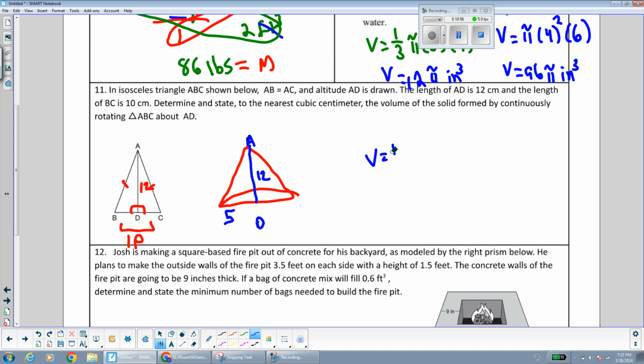So the volume of a cone is 1/3 pi r squared height. So the radius is 5. The height is 12. Let's put this into our calculator. And it does say to the nearest cubic centimeter, so I am going to stick the pi into my calculator as well.